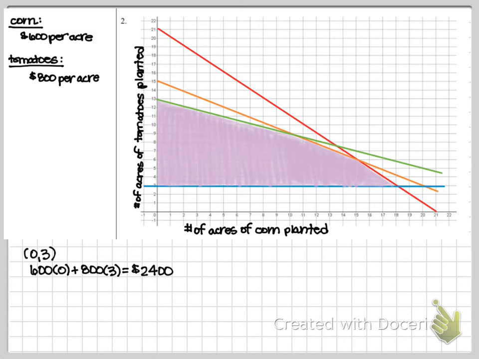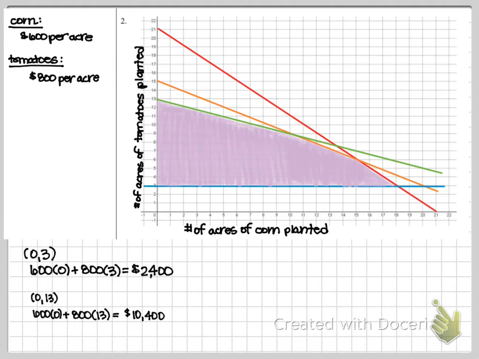My next one was 0,13. So I plugged that in, and that's going to give me $10,400. Okay, that's remarkably more money than the other one. So we're definitely not doing 0,3.